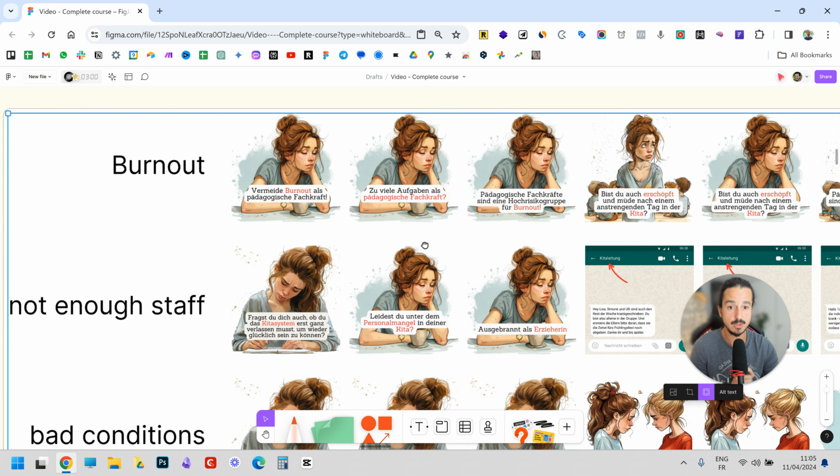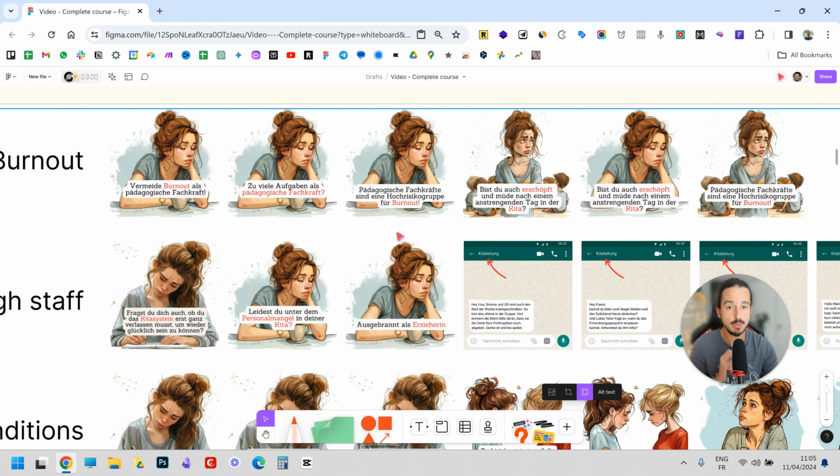This means in your hook, it needs to be crystal clear who you are targeting. You need to call out the people exactly, so when they see the ad, in the first second they understand, okay, that is something that is for me. I'm the kind of people that is supposed to read this ad. That's the most important thing.